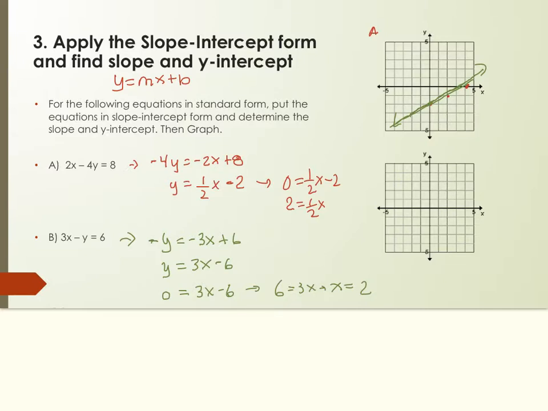So my point is at 2, and it's at negative 6, which is right here. Now let's see if I can draw the line straighter. Well, a little better, huh? A little jiggly there. Okay.